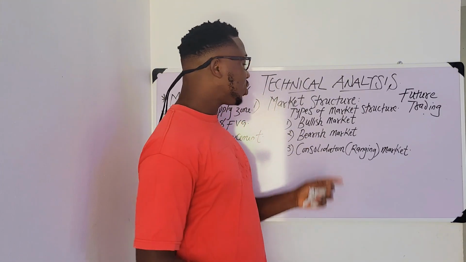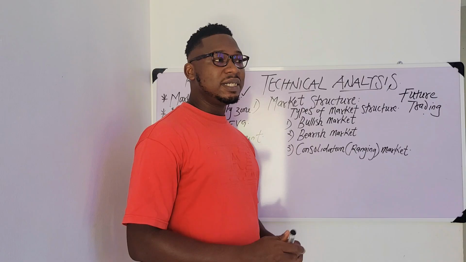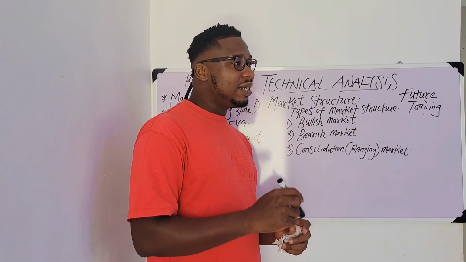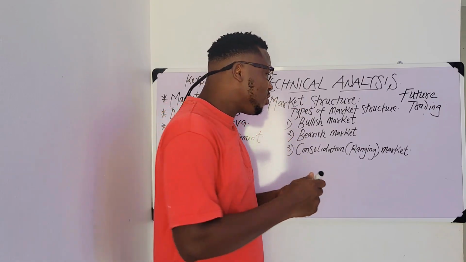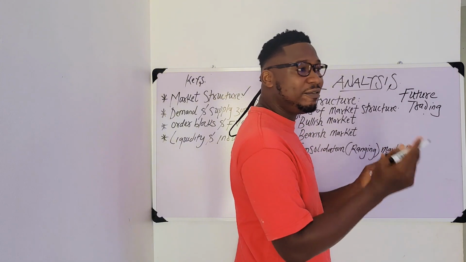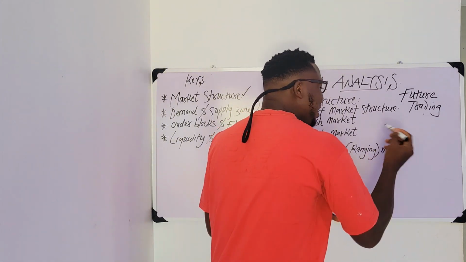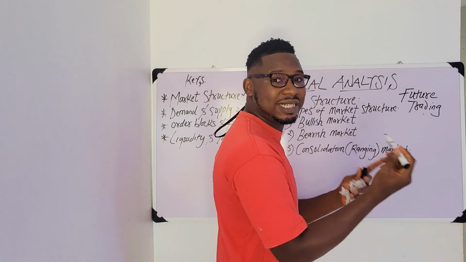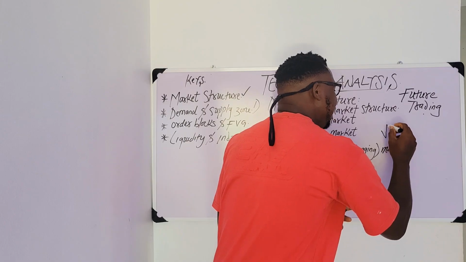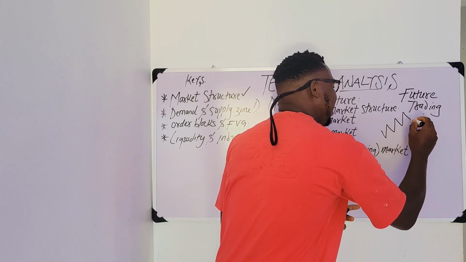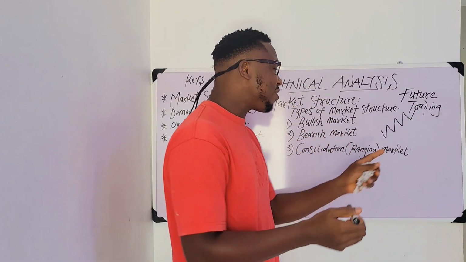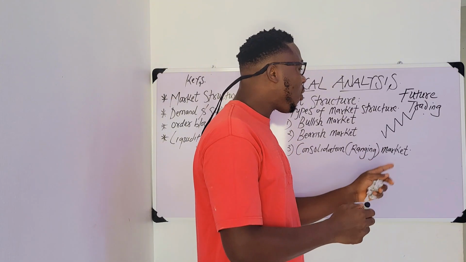Now, market structure is simply the movement. You can say it's a zigzag movement. In your chart, if you go to your TradingView or your Bybit chart, you can see the movement of the chart, moving like this. This kind of movement is what we call market structure.